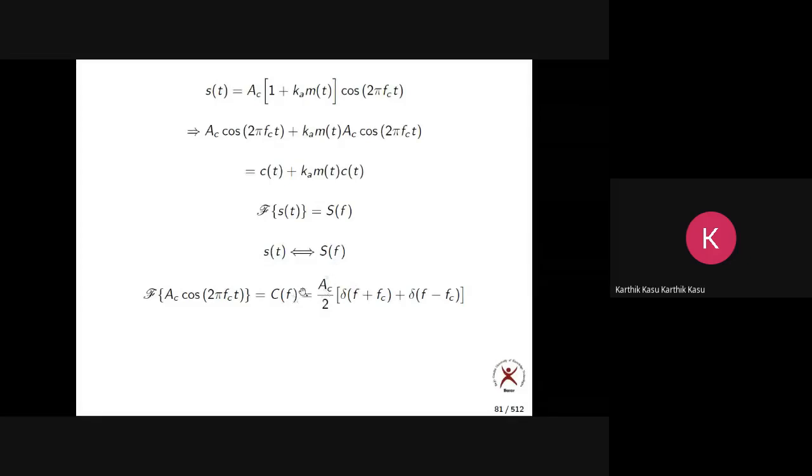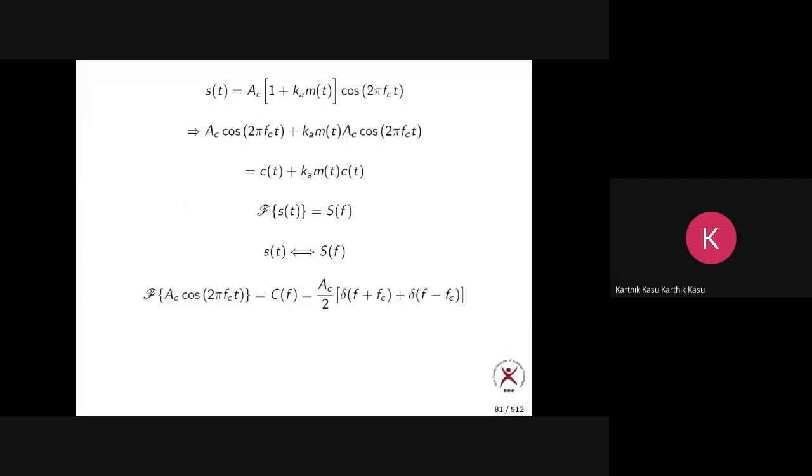Now this is the Fourier transform of what signal? The carrier signal c(t), that is C(f). If you draw the spectrum, what do you get? Two impulses, at what frequency?